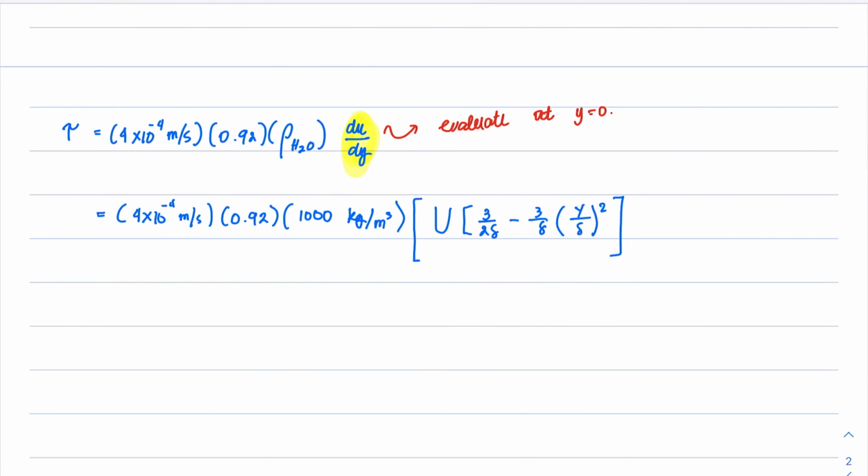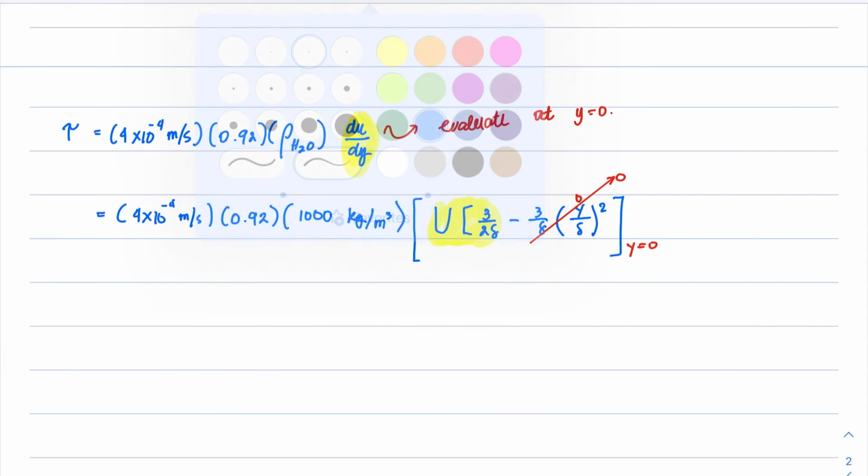Now, when that is the case, that's actually simplifying what we are seeing, because if you substitute y equal to 0, the second term will just be 0. So what is left of this expression is the one that I am highlighting, just this part. Okay?